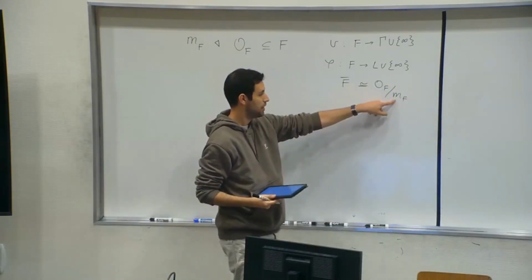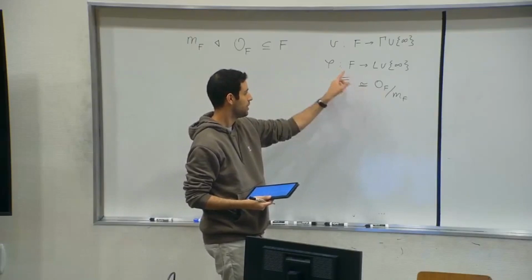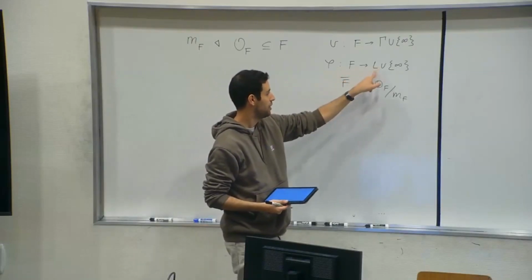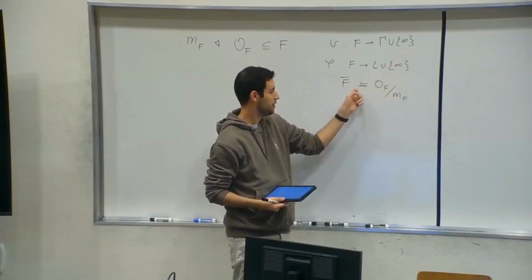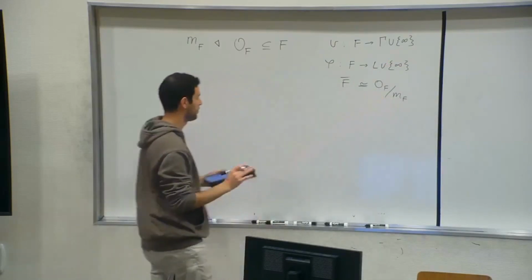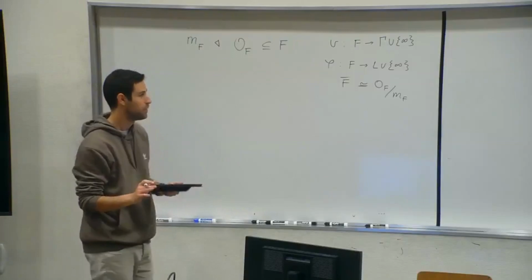So this is a maximal ideal, so this is a field, and this is the residue field. The image of F in L without the infinity. So it's isomorphic to this portion. Okay, so far so good.